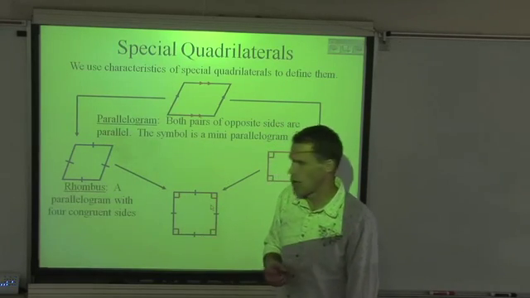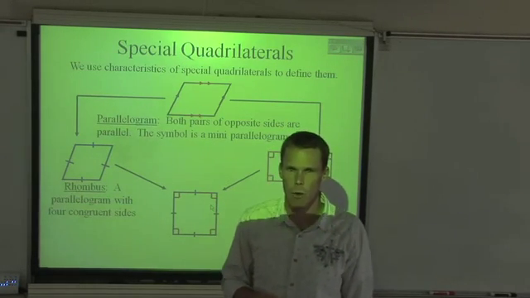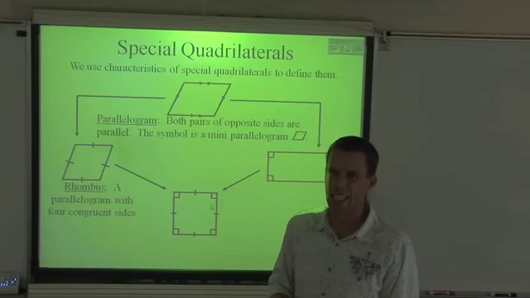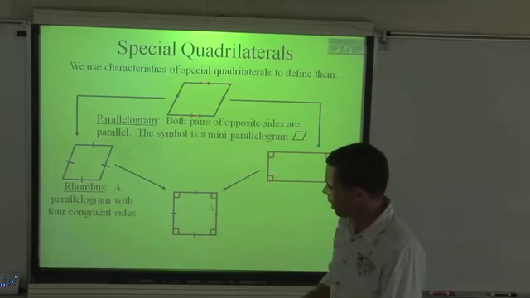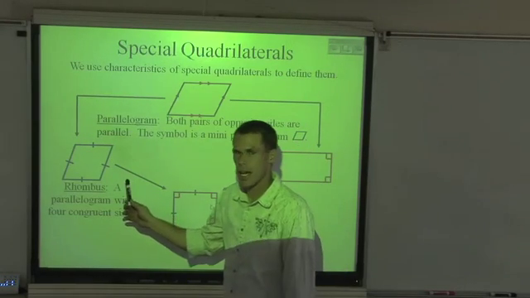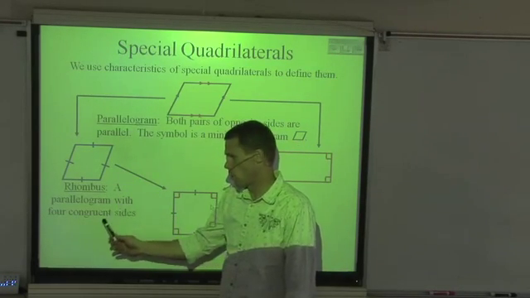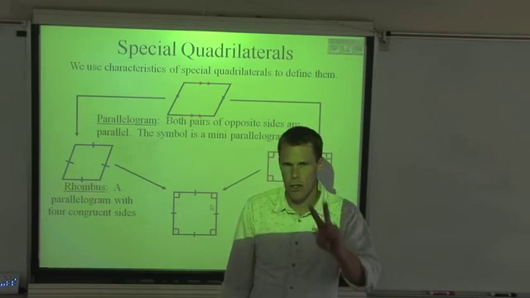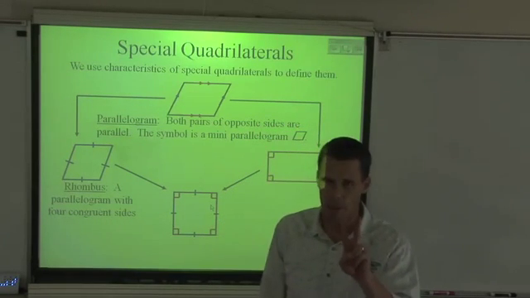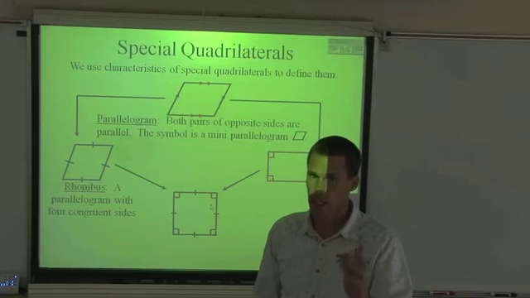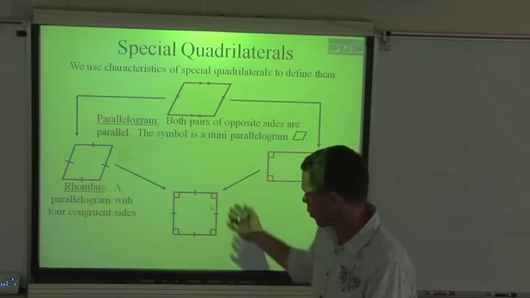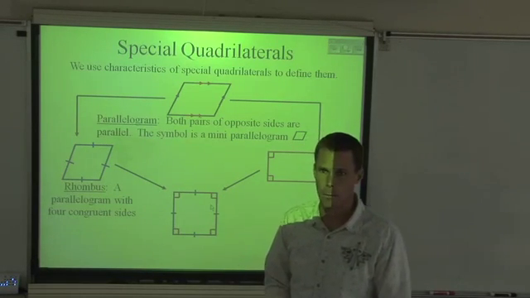This is what we call a rhombus. A rhombus is defined as an equilateral quadrilateral. Now, on the screen I have a parallelogram with 4 congruent sides. So there are 2 ways for us to understand rhombus. 1, it is a parallelogram with all 4 sides congruent.